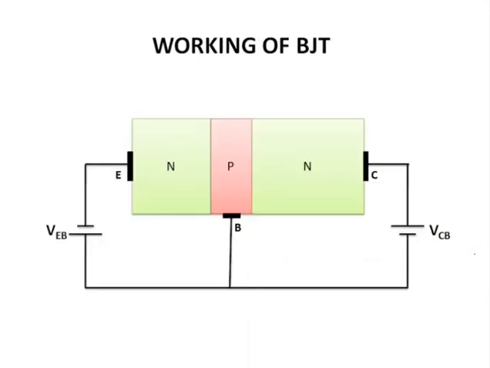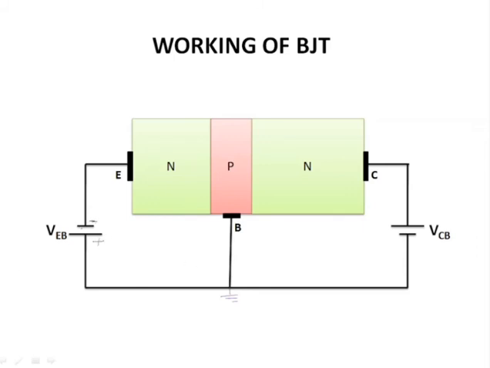Now let us talk about its actual working. If you see this diagram, you can see that I have taken the base common here. The base is taken as the reference terminal. So this is the common base type of configuration. And if you look into the biasing, the N type emitter is connected to the negative terminal, and the P type base is connected to the positive terminal.